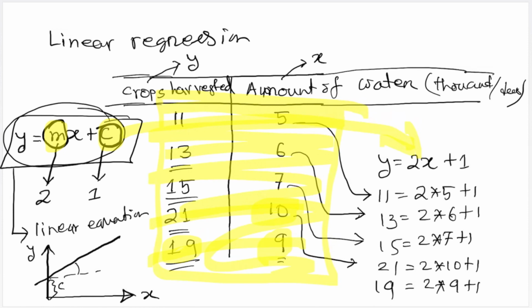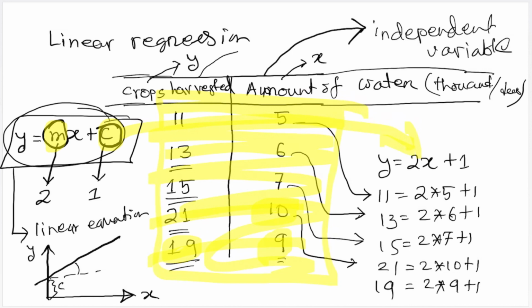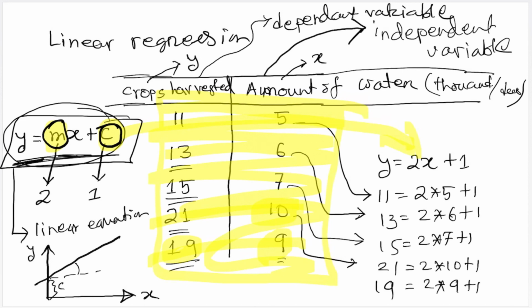Here in this example, this particular column, x, is called an independent variable, and this particular column, that is y, is called a dependent variable. The dependent variable here is dependent on x. This is why it is called dependent, and the independent variable does not depend on anything.